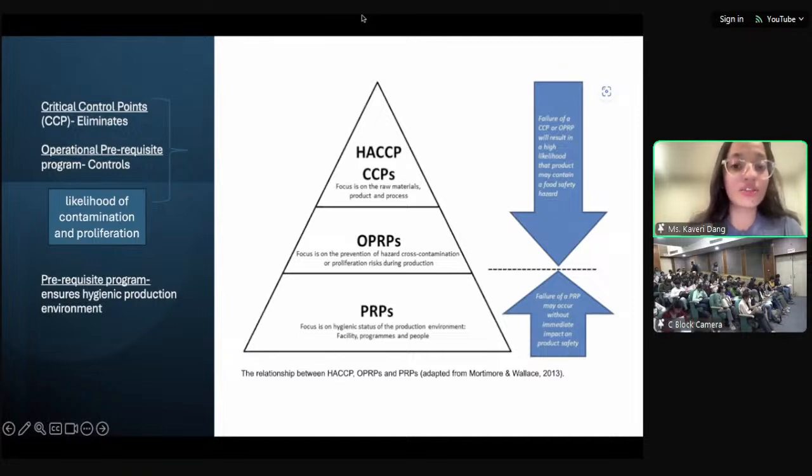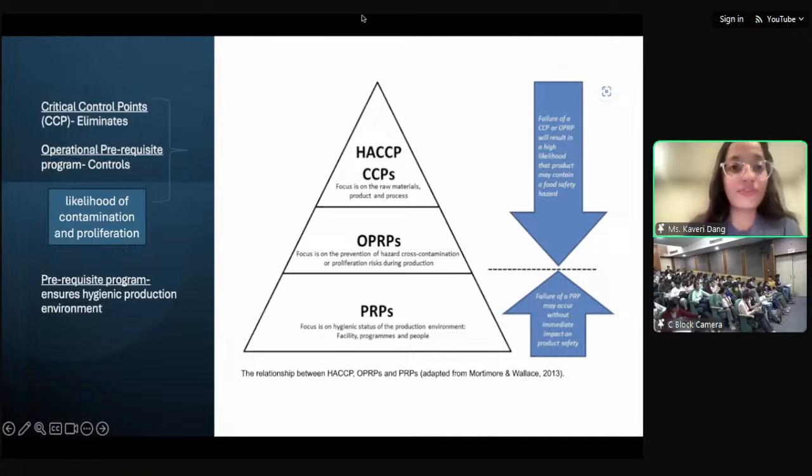Their focus is on the prevention of hazard cross contamination or proliferation risks during production. And the next one is PRPs, which are prerequisite programs. Their focus is on the hygienic status of the production environment, which is facility, programs, and people.